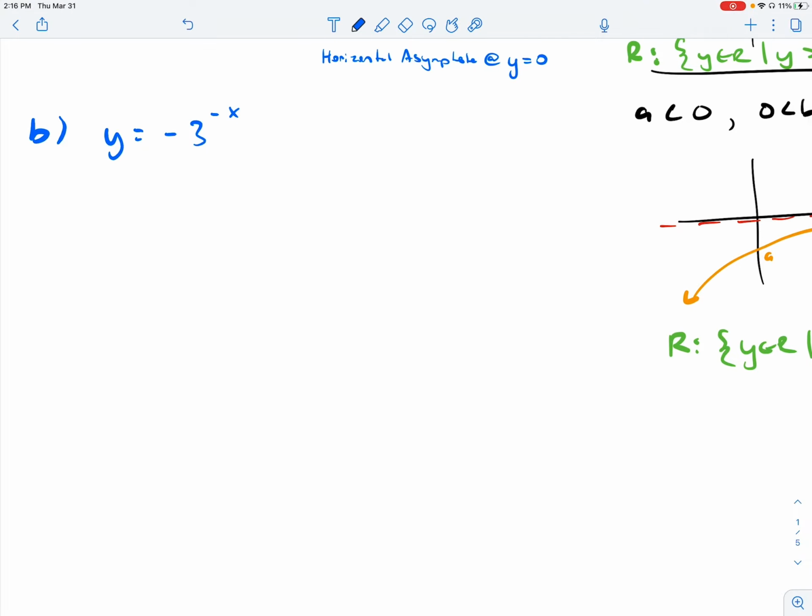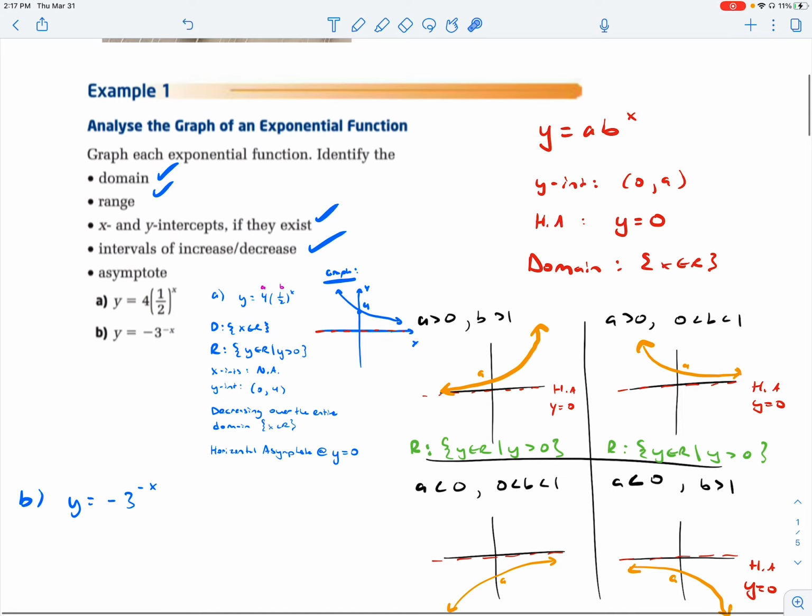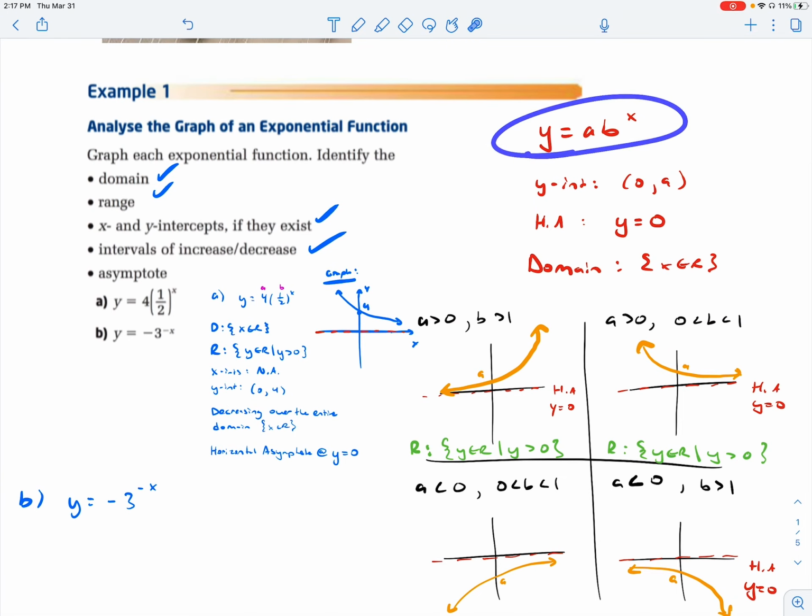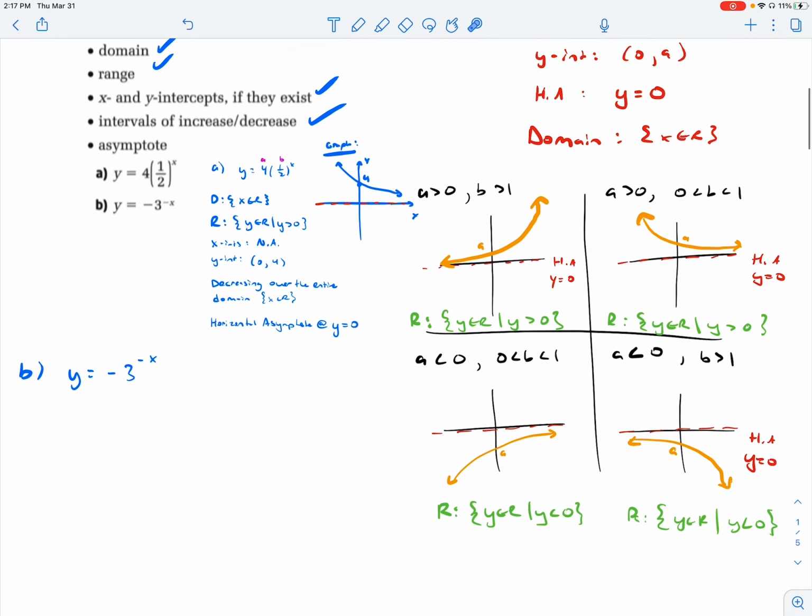Okay, so notice the form of this. Everything is okay. We have a negative here, we have our base 3, and we have our exponent up here. However, our exponent is negative. We have seen negative exponents in the last section, so we actually want to rewrite this because it doesn't quite line up with our general form where we have a positive x.